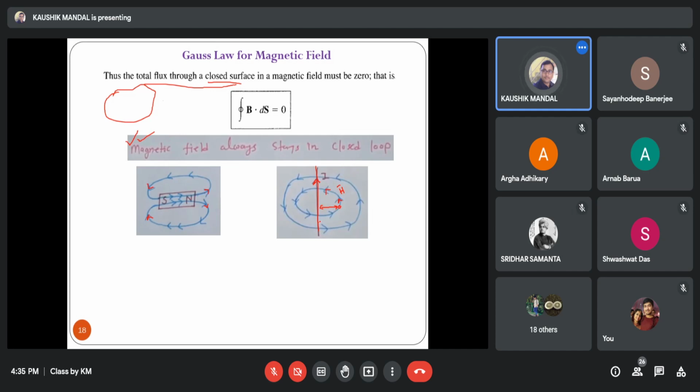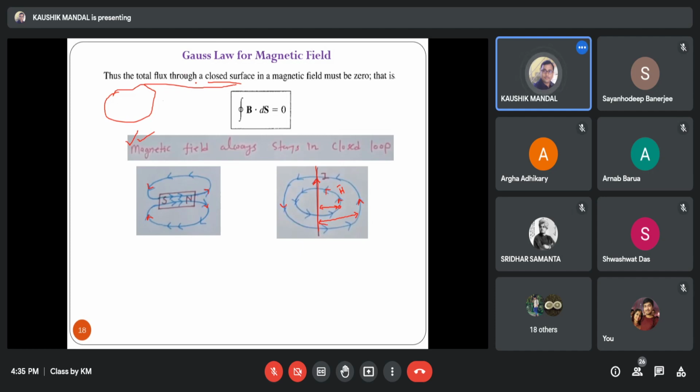Now if you move farther away from the current carrying conductor, the logic remains the same. You will find the magnetic field lines, and this magnetic field intensity H will form a closed loop.